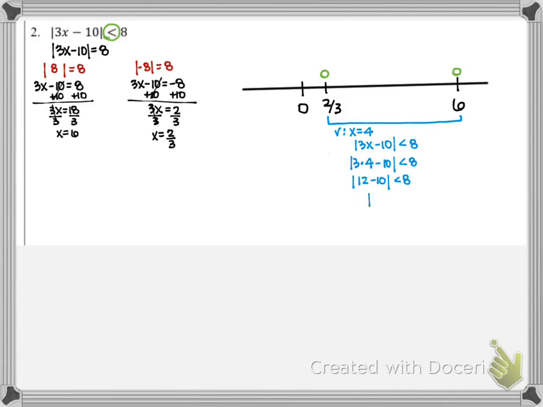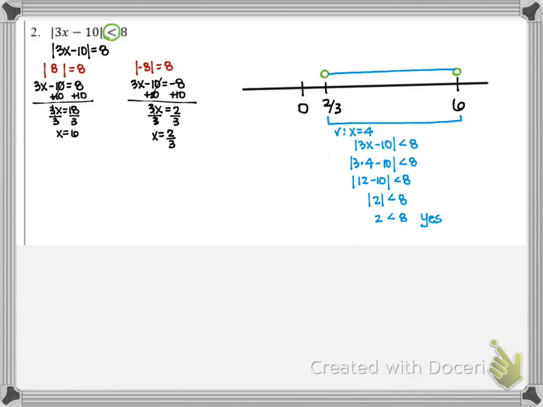Okay, that's going to give me 2. Okay, how far is 2 away from 0? That's 2 units away. Okay, now I need to ask myself if this is true or not. So is 2 smaller than 8? Yes, absolutely. This is a yes, which means in between my graph actually works. So this region is where my answer is.